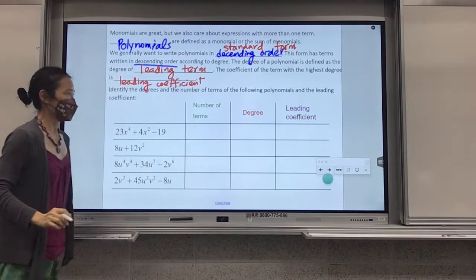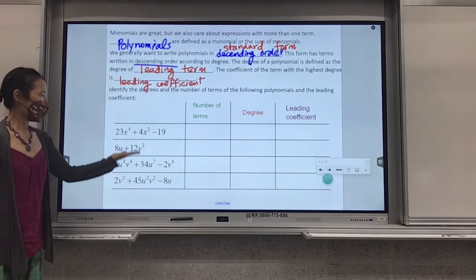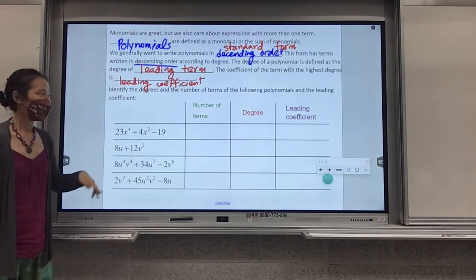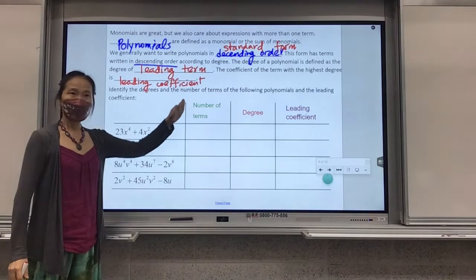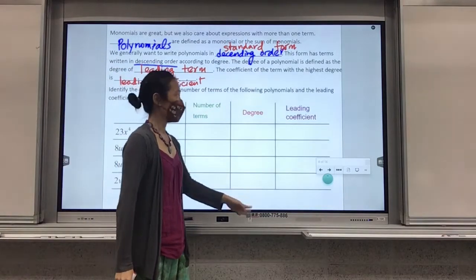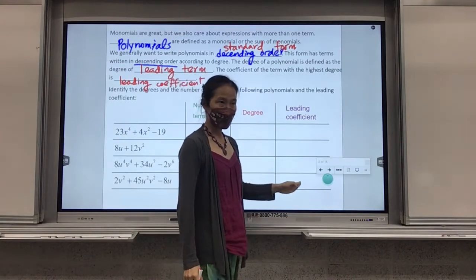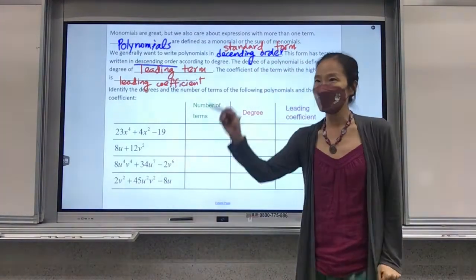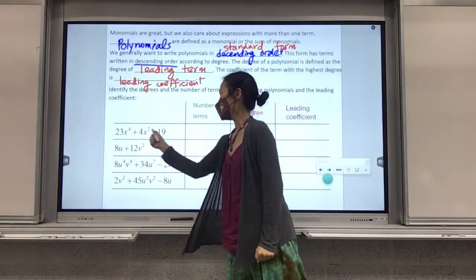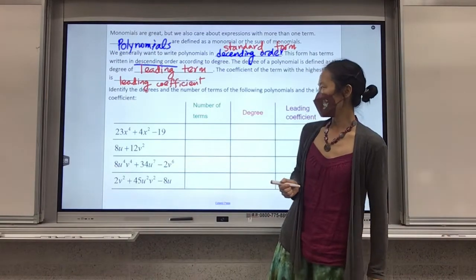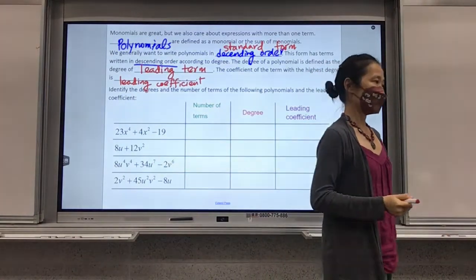So far, so good. So below I have 4 different polynomials. Can you identify the number of terms? What is the degree? What is the leading coefficient? I suggest you circle the leading term from each polynomial. Some of you have to add to see it.